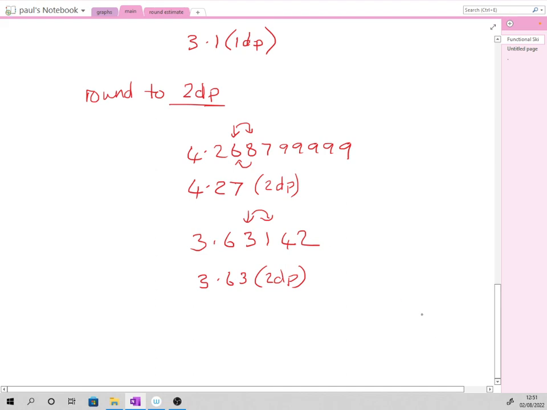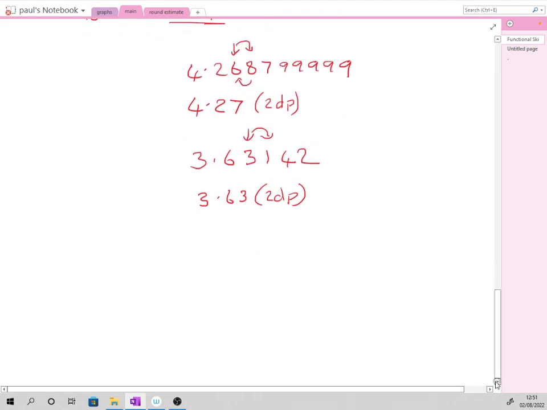Yeah? Now the only complicated bit you might get is, say if I want to round to 2 decimal places, and we get a number like 3.9999. Yeah. 2 decimal places is this one, and there is the decider. It's 5 or more, so we add 1 onto the 9, but that becomes 10.